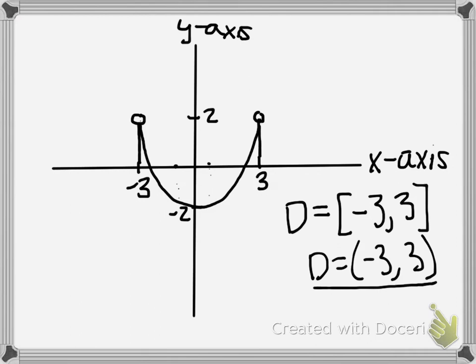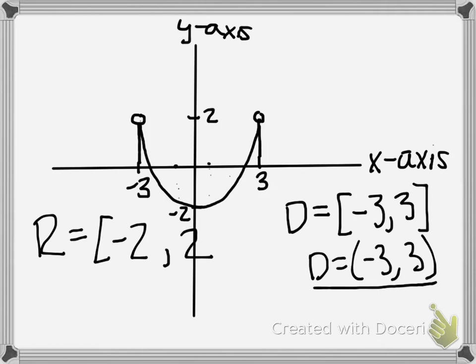Similarly, we can think about our range. Our range is what gets hit when we plug in these domain values. So when my x value is 0, if I plug that in, I get a y value of -2. So -2 is definitely in my range. Similarly, I can plug in an x value to get that y value of 0. So that's in my range. And all the way up to +2. So my range is all of the values from -2 to +2.